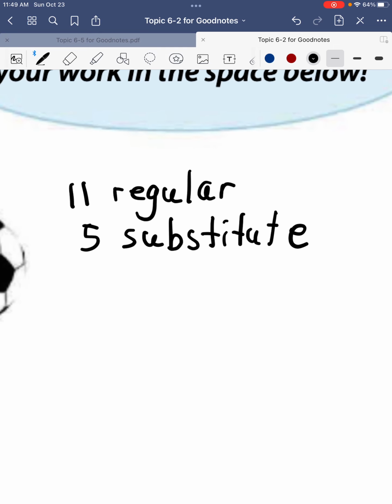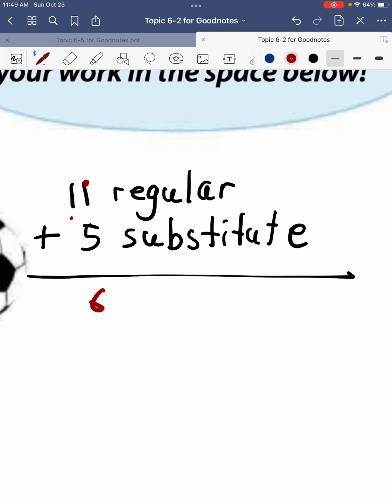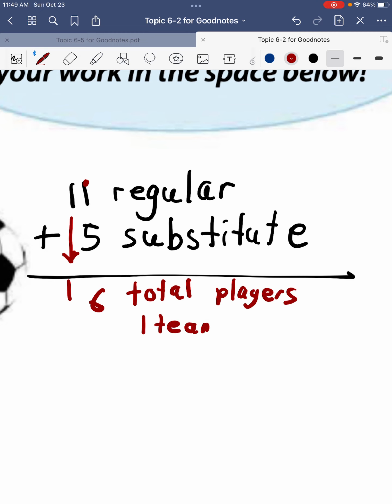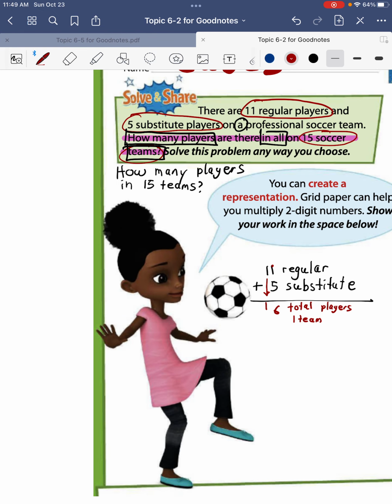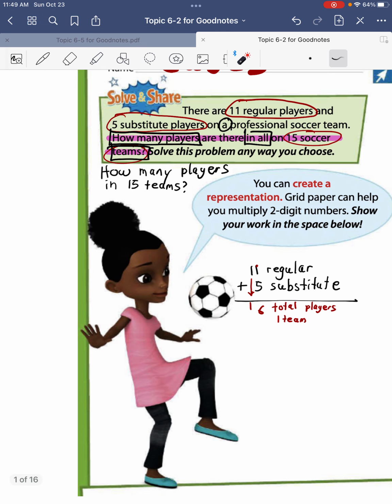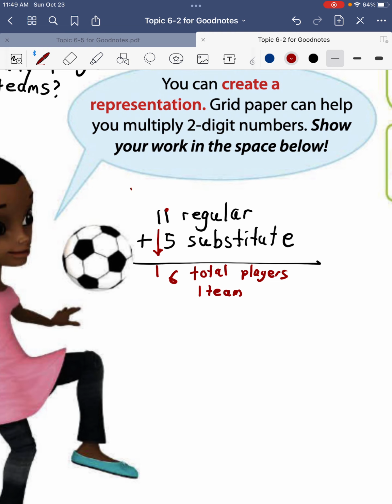Okay. So then if I add these, I get 5, 6, bring down my 1. So I know that on one team, there's 16 total players. And again, this is for one team. Okay. But it's asking how many players are there in all on 15 teams. Okay. So that was my first step.